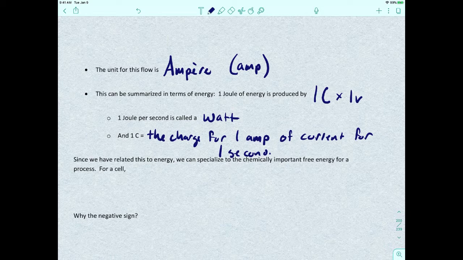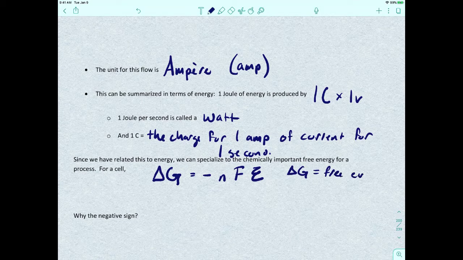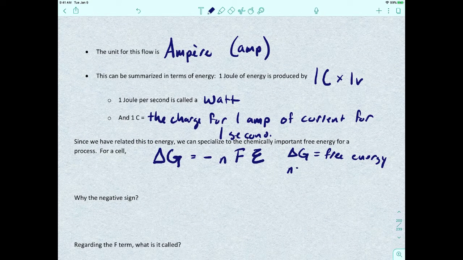Okay, so to relate what we're talking about here to delta G, there's an equation for a cell. We can measure delta G is equal to negative N times F times E. Now, delta G, we know that. That's free energy. N is going to be the number of moles of electrons in the equation.